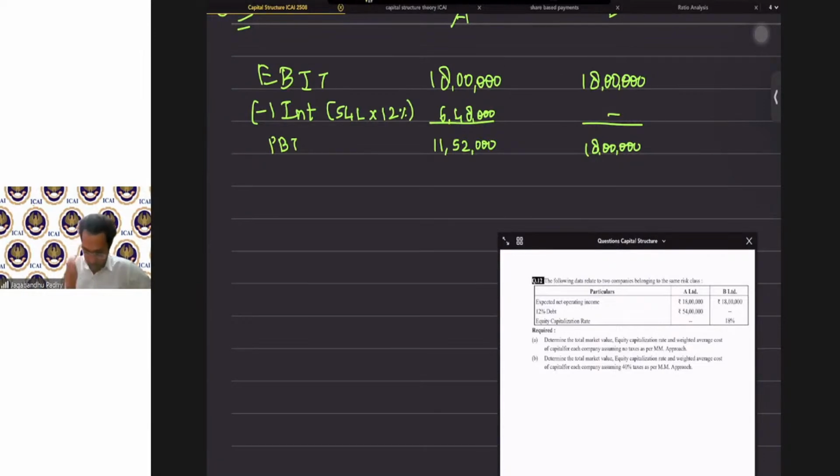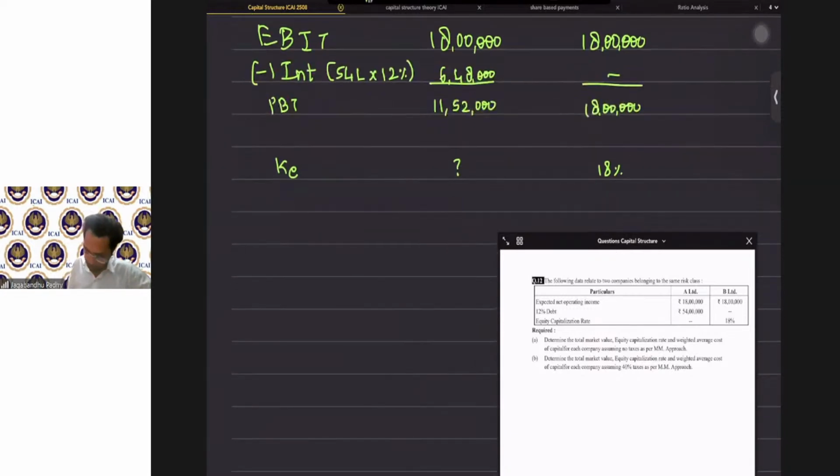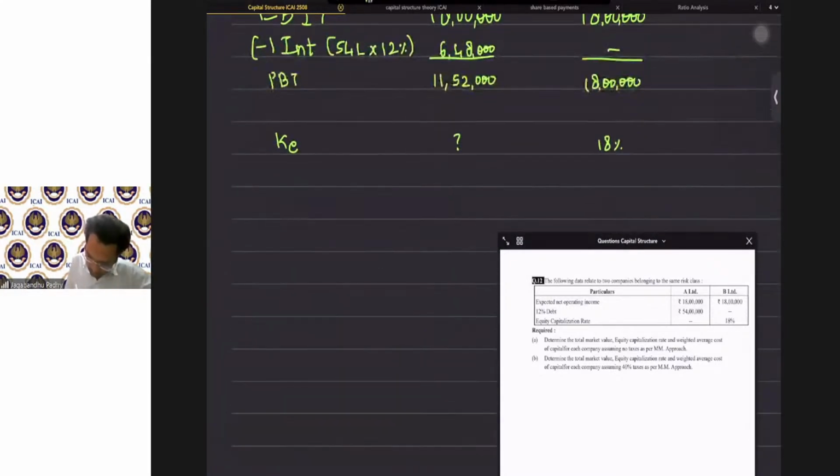Equity capitalization rate is given to us for B as 18%, right? K, cost of equity is given to us. This is 18%. We have the cost of debt as 12%.